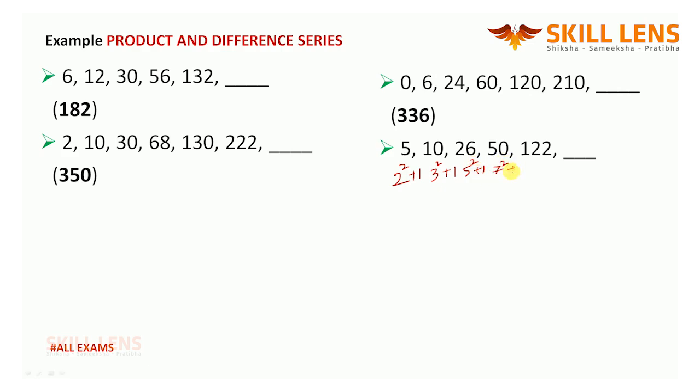This is 7 square plus 1, this is 11 square plus 1. So 2, 3, 5, 7 and 11 are what? Prime numbers. So next would be 13 square plus 1. So 13 square is 169 plus 1, that will give you 170 as your answer.